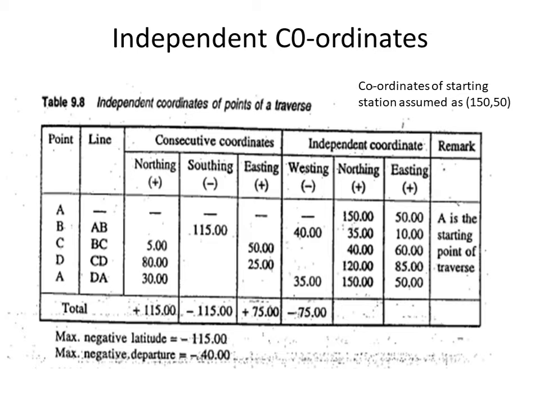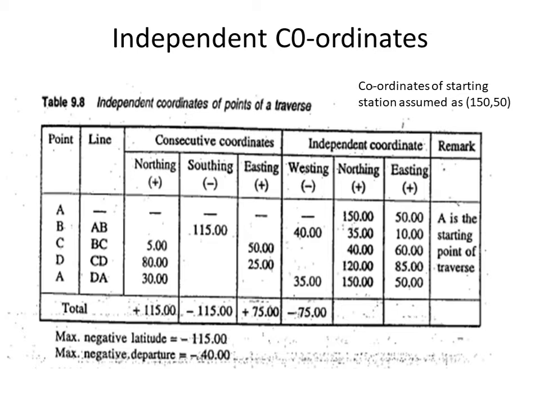And after recording the values of consecutive coordinates in the respective columns of northing, southing, easting and westing, the independent coordinates are calculated. Initially, for the station A, the coordinates are assumed, that is 150 and 50.